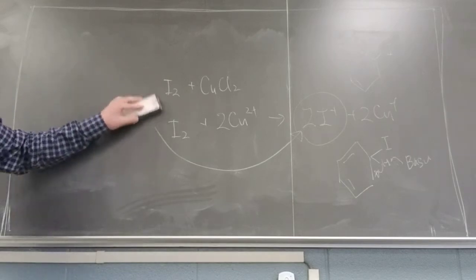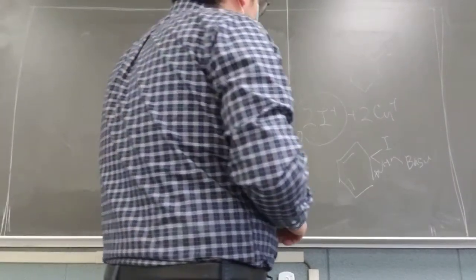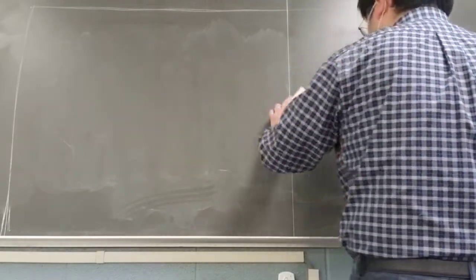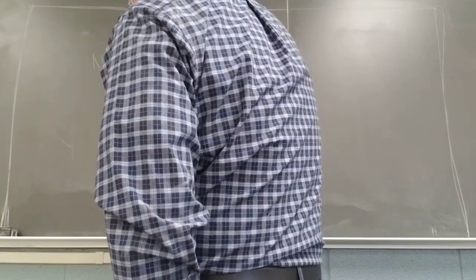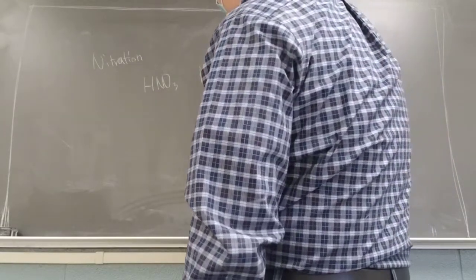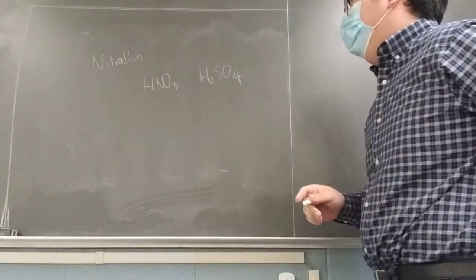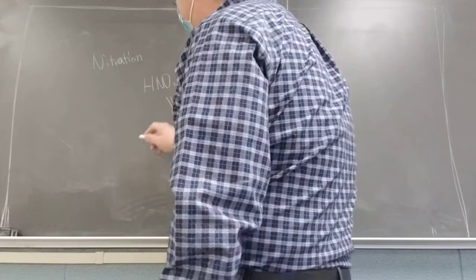Okay, so the next one we briefly talked about on Monday was nitration. So nitration is done by nitric acid and a proton donor, which may be sulfuric acid over here.